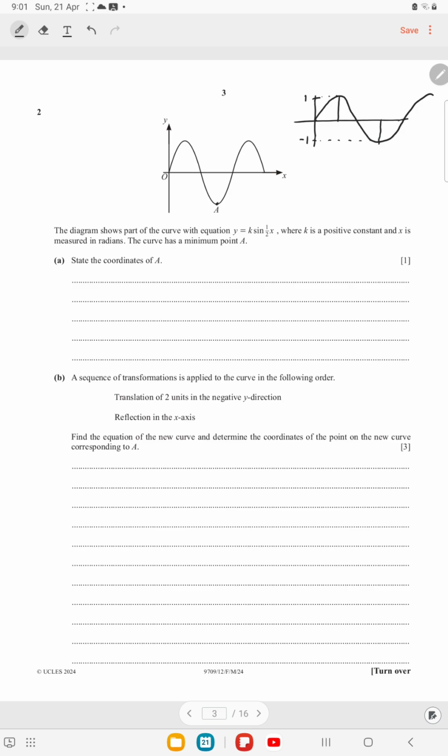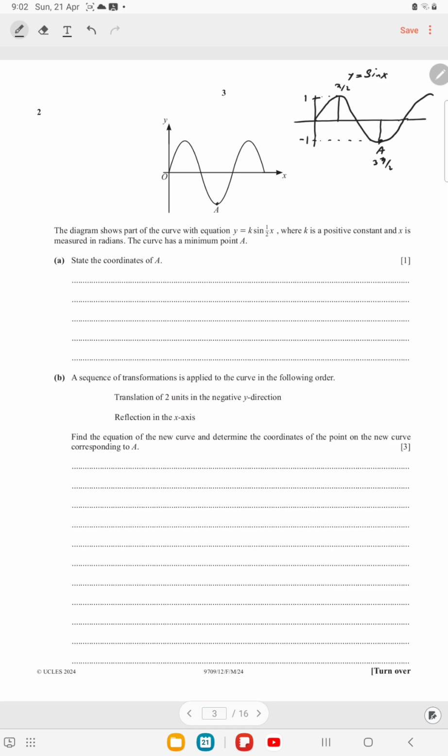This is y equals sine of x. So if you compare these two, your A lies at the minimum point. We know that it will be pi by 2 here, 3 pi by 2 here, 5 pi by 2 and so on.